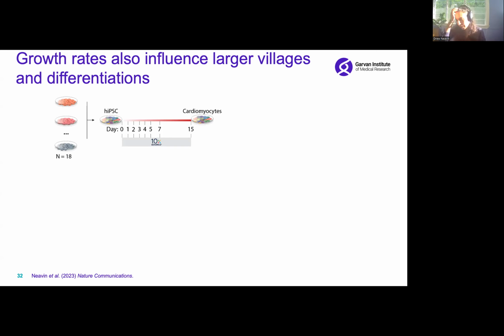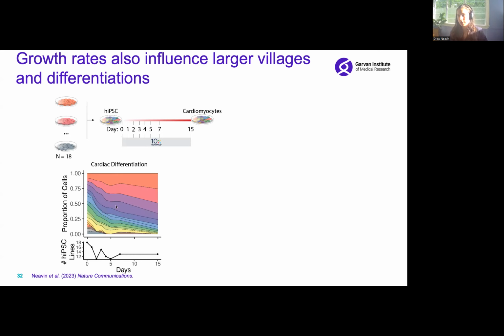And so this work was carried out by Nona Farbecky, who created a village of 18 iPSC lines and then differentiated them into cardiomyocytes and captured them at various days across that differentiation. And when we looked at the proportion of lines across this differentiation, we can see that these cell lines were not selected based on their growth rates.